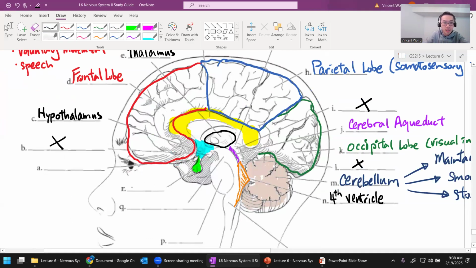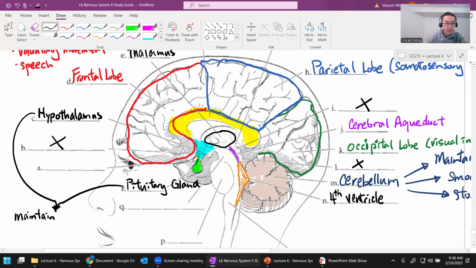Oh, it's right here, pituitary gland. So they maintain homeostasis through hormones. That's all you have to know for now.